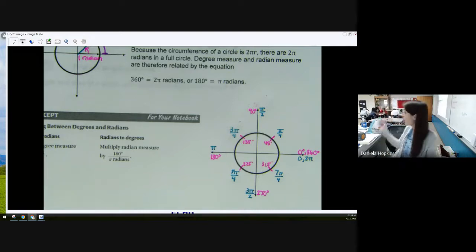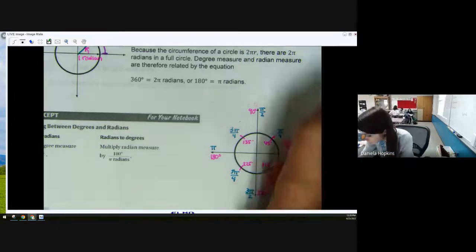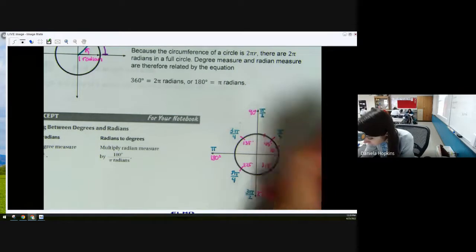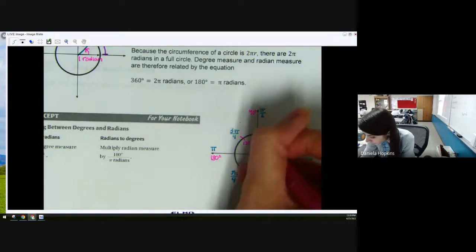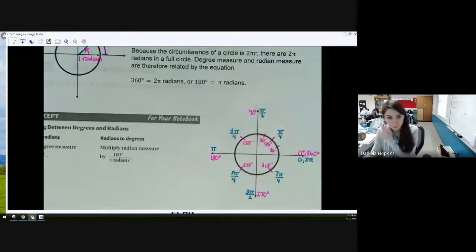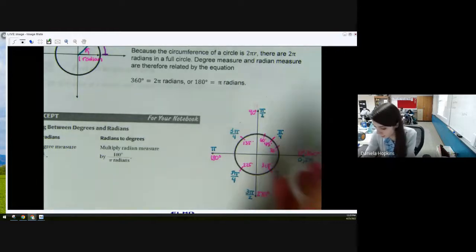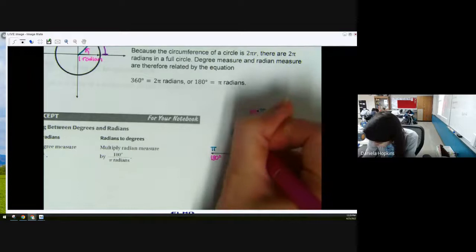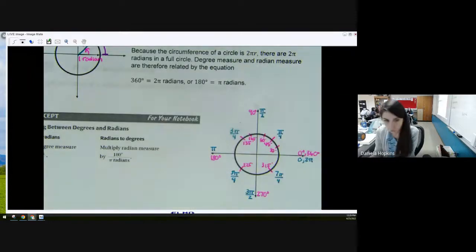All right, so that's adding a fourth each time in both degrees and in radians. The other common way that you see degrees is adding a third each time, or 30 degrees. So add 2 more marks here. This is 30 degrees. Add another 30 degrees, you're at 60 degrees. Add another 30, you'd be at 90. Add another 30, and I'm totally going to run out of room here. This is 120. I will give you guys a bigger one on Wednesday.